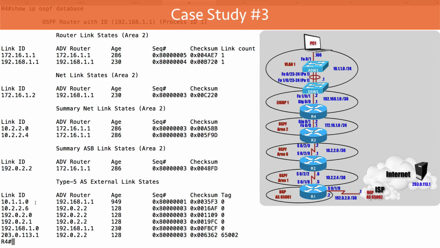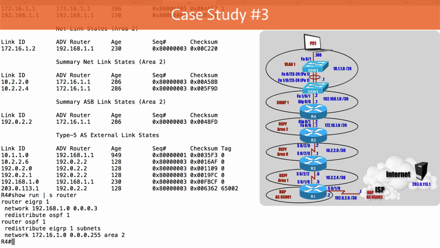And here we can see, for example, the network containing the PC. It was learned via a Type 5 LSA, which means that it came from outside our autonomous system. This is giving us evidence that we are redistributing EIGRP into OSPF, but it looks like we're not redistributing OSPF into EIGRP. Let's take a look at this configuration again.